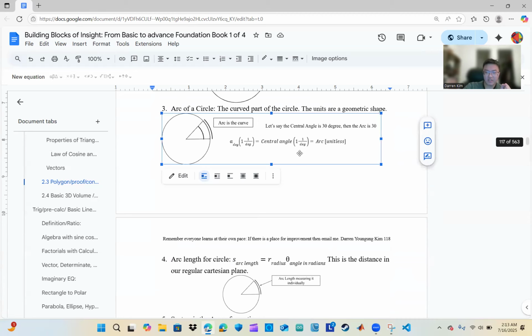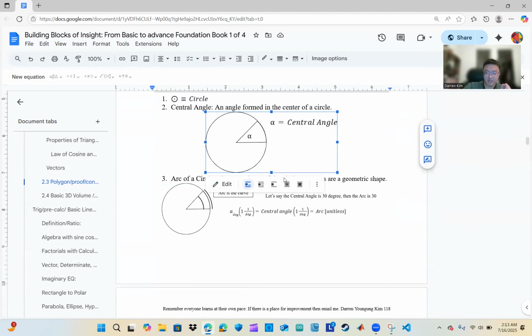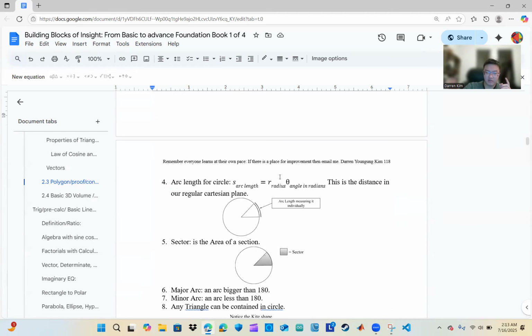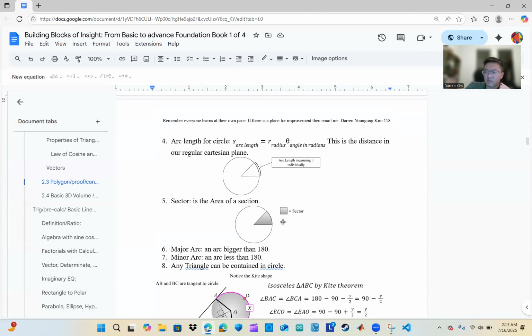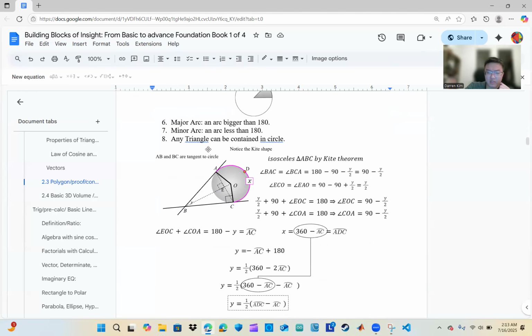Now, as you can see, if you find a central angle, you find the arc of something. Or no, not arc length, arc of something. Arc length requires the angle times a radius, so it takes a little bit more for the arc length. And arc length is way more important in my mechanics, dynamics things.